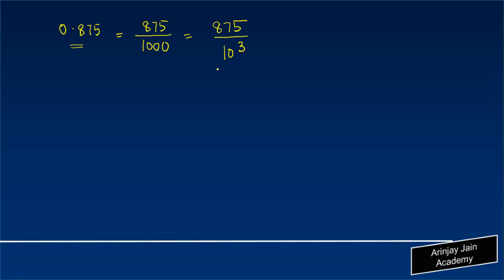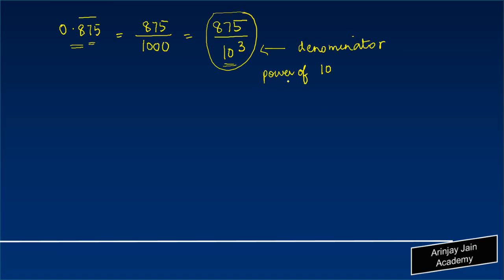So if there is a rational number which has a terminating decimal expansion, like this rational number, which has a terminating decimal expansion because it just has 3 digits after the decimal and after that there is nothing, then one thing which is sure is that the denominator of this rational number will be a power of 10, right? So if a rational number has a power of 10 in the denominator, then we can say that it could be a terminating decimal expansion.